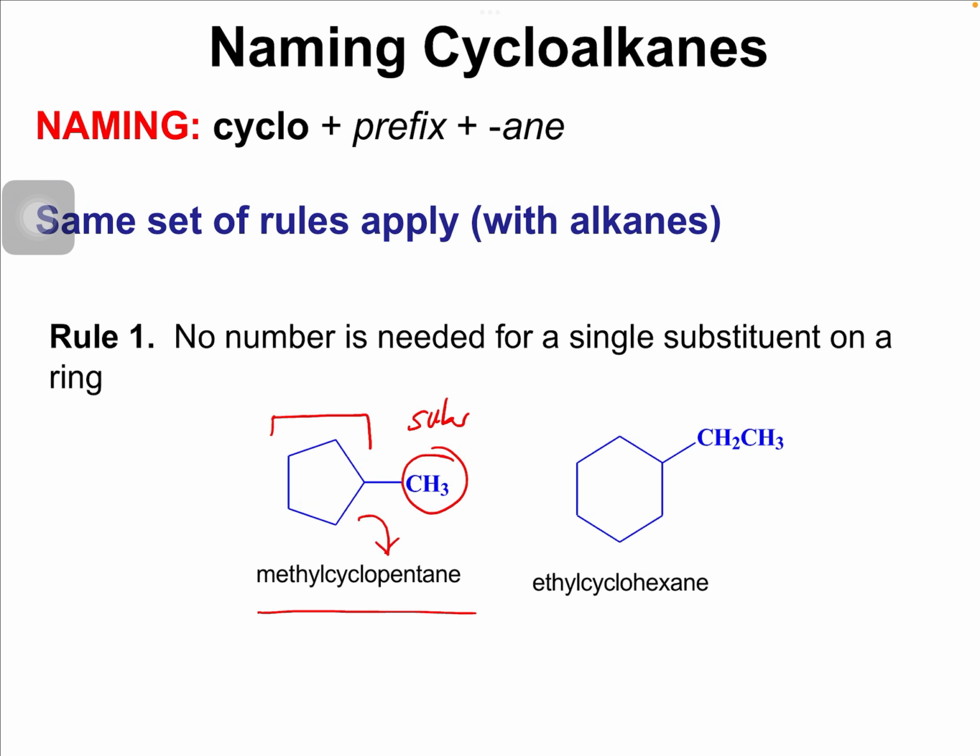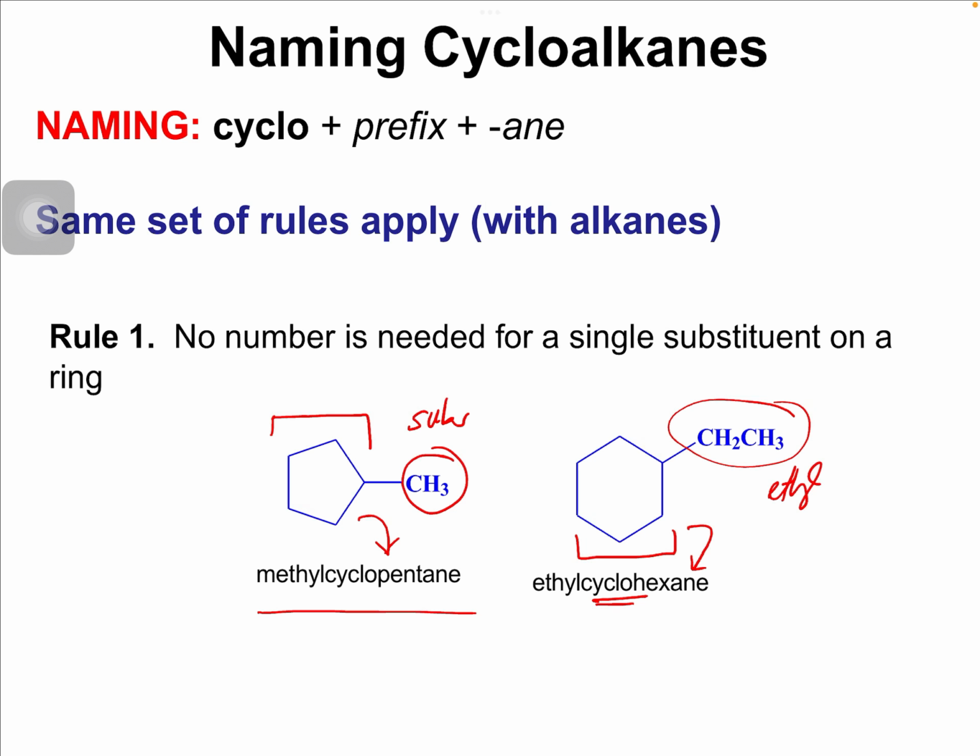And, let's look into this example. So this one is called a methyl cyclopentane. So bakit siya naging methyl? Kasi this is the substituent. And this 5-membered ring natin, we call that your cyclopentane. So no need to add number before the name of the substituent.